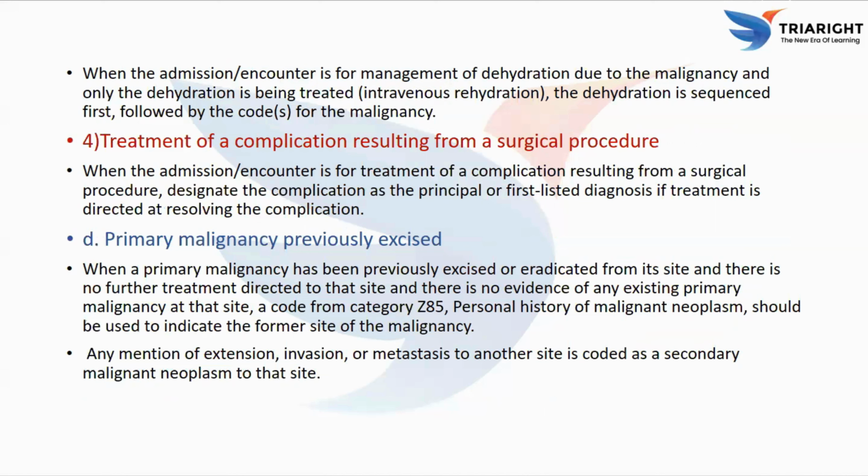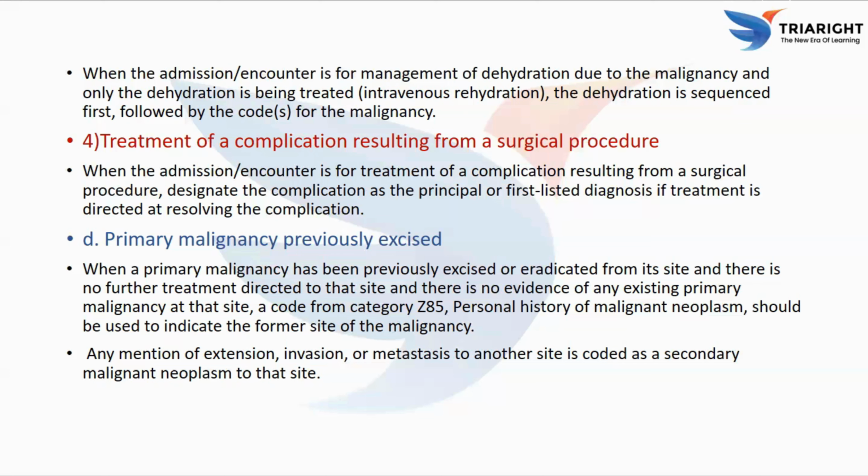First you have to code dehydration, that is E86.0, which is assigned as a principal diagnosis, and then the C code for malignancy, which is a secondary diagnosis. This is how you have to code when the encounter is for management of dehydration. So dehydration is always coded first, followed by the malignancy code.